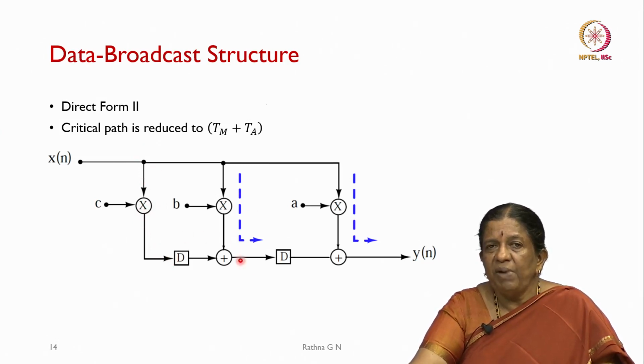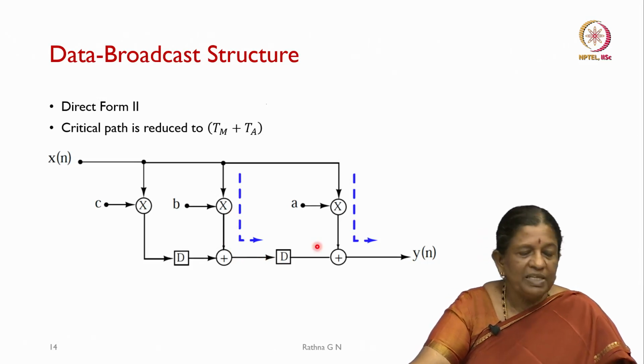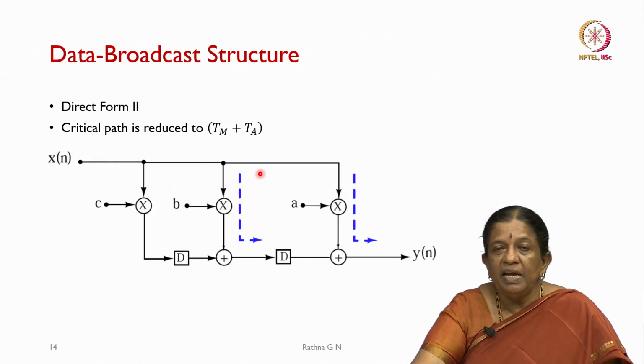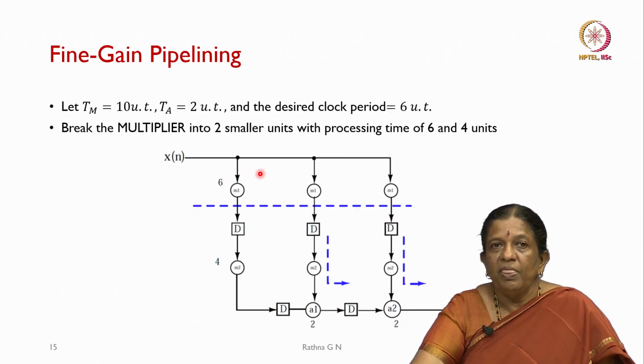Okay. So, the maximum, that is the critical path, is 1 multiplier and 1 adder. So, you can see that if you choose the structure properly, I need not have any cut set or any pipelining introduced in some of the graphs that one has to consider.